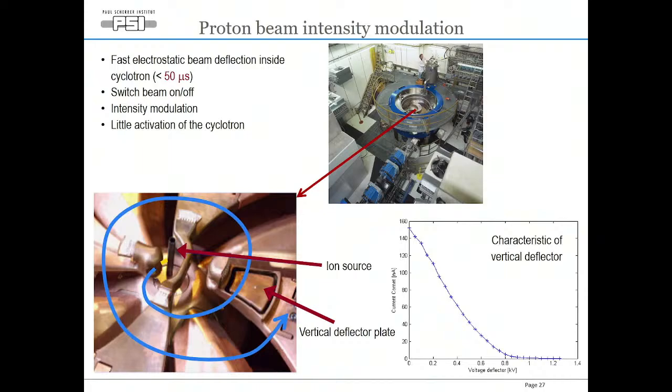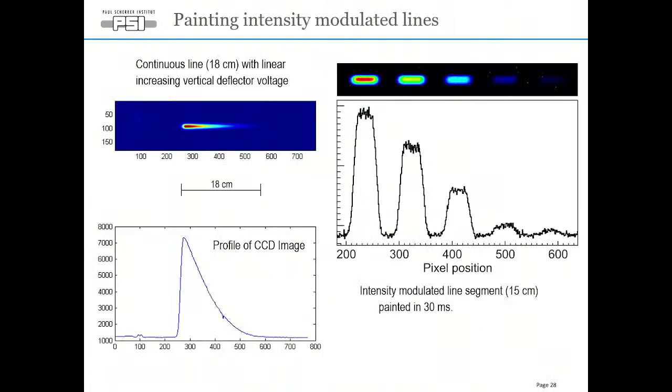There's a direct link from the scanning system on the gantry to the power supply of this deflector plate in the cyclotron. And this feedback loop allows us to very quickly change the intensity. So while we do the scanning, this here's an example where we just move the beam along one line. And we change this deflector plate voltage, and we see that the intensity vanishes.